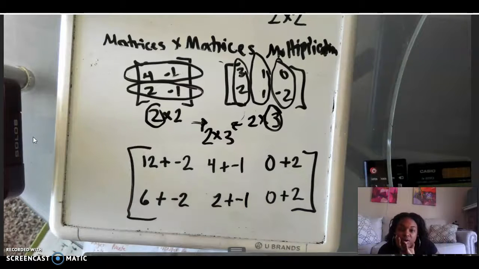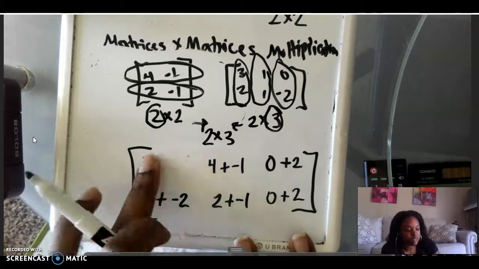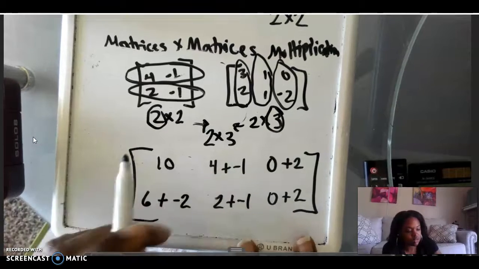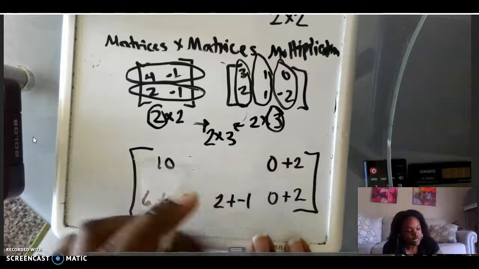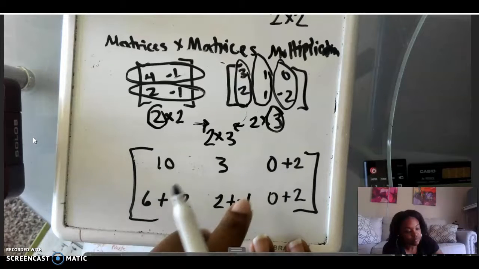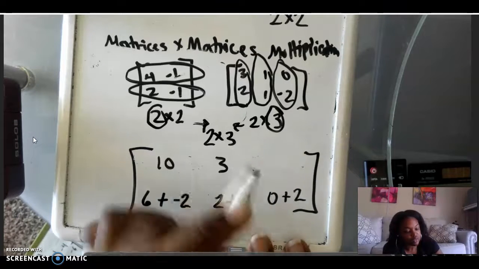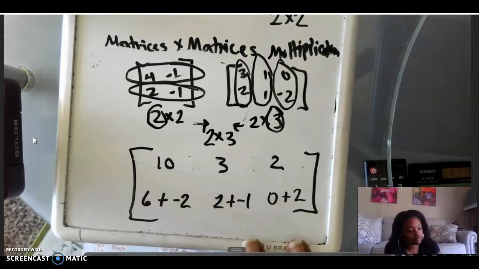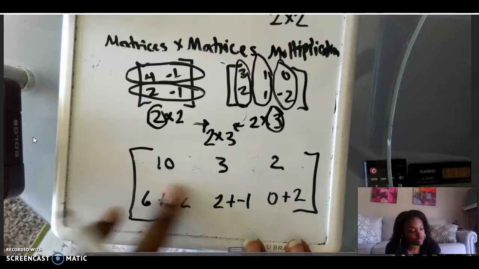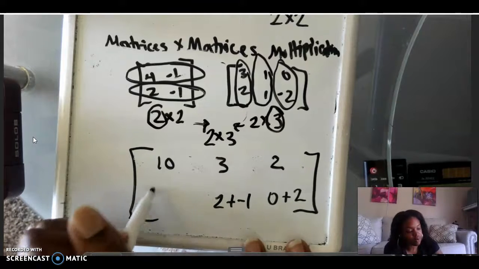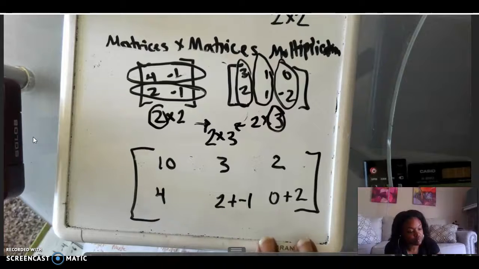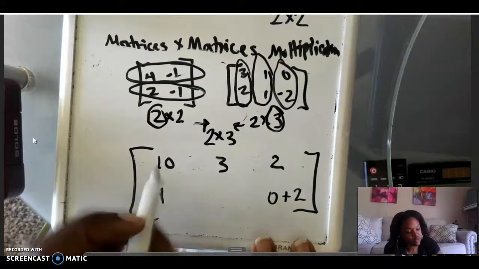So that's how we go about multiplying two matrices, and then we just finish off by adding together the entries that we just finished with. So 12 plus -2 is 10. 4 plus -1 is 3. 0 plus 2 is 2. 6 plus -2 is 4. 2 plus -1 is 1.